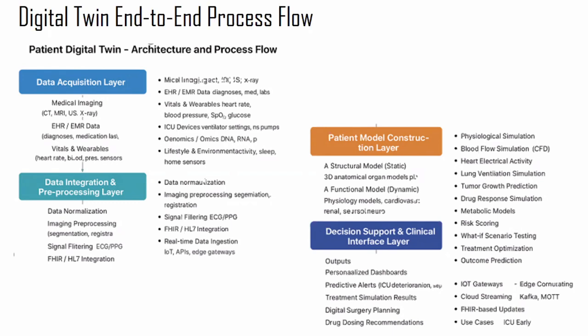What is this process? Physically, you are unable to test or check everything with the patient. If you want to run some ventilation simulations, or increase or decrease the settings, we cannot test it directly with the patient.